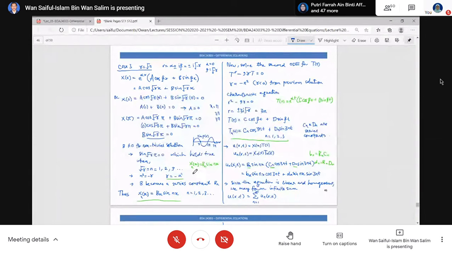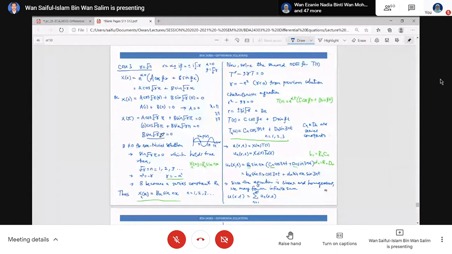So we substitute this gamma, gamma equals to minus n squared, into this. Right? We want to find n. Okay, substitute this into n.